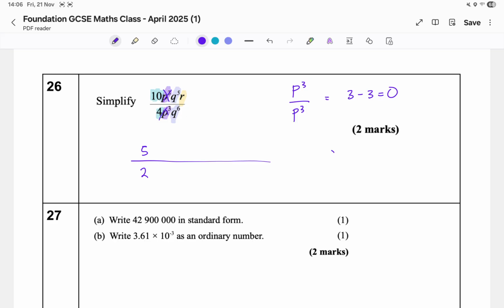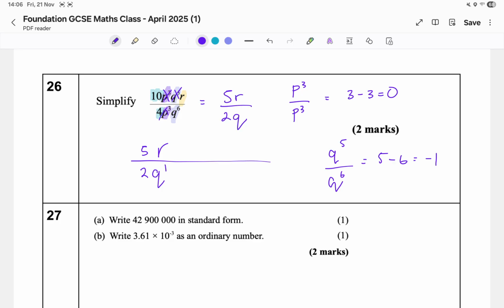Q to the power of 5 divided by q to the power of 6: remember, it's the top power take away the bottom power. 5 take away 6 is just minus 1. So I'm going to leave q to the power of 1 on the bottom. Because that's simplified, we're left with 1, and then we're left with r here. And then that is simplified. So that's going to be 5r divided by 2q.